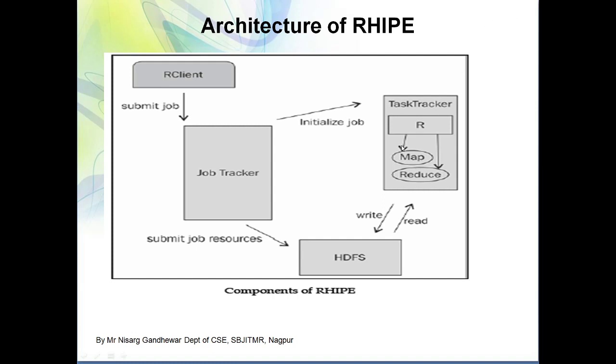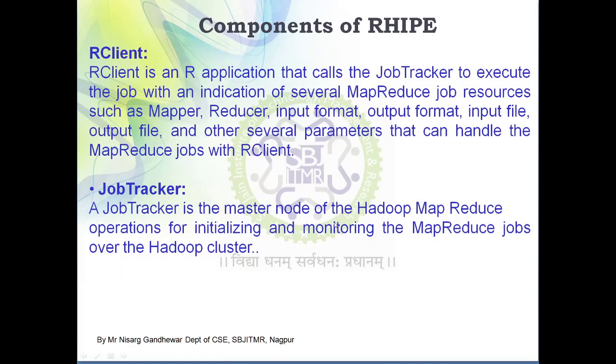The task tracker may perform MapReduce, which is responsible for processing of data, and during this processing it needs to read and write data present in the Hadoop Distributed File System. In this way this architecture works. So these are the various components of RHIPE: the client, job tracker, task tracker, and HDFS.